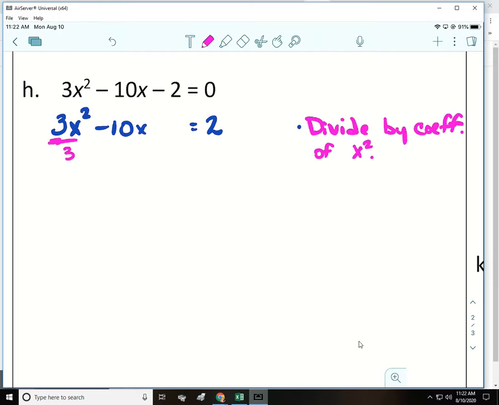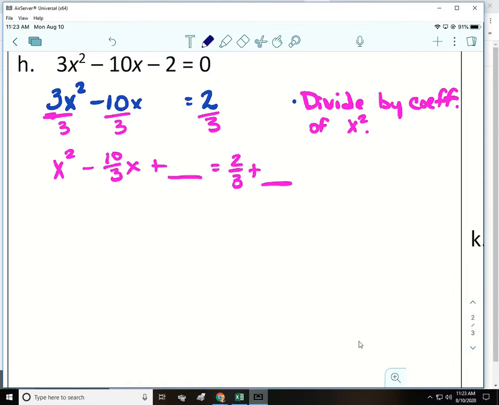So that's where this gets kind of messy, because 3 doesn't divide evenly into 10 or 2. Okay. Now, all the steps are going to be the same, but carrying out the math is going to be more difficult because of the fractions, but we can still do it.